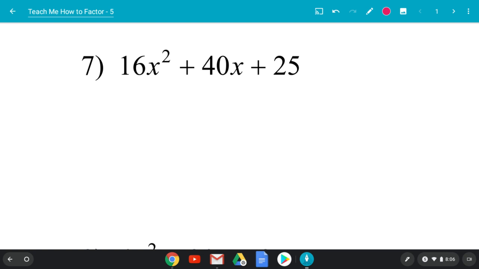Cam? No idea? None? Riley? What do you see in this one?